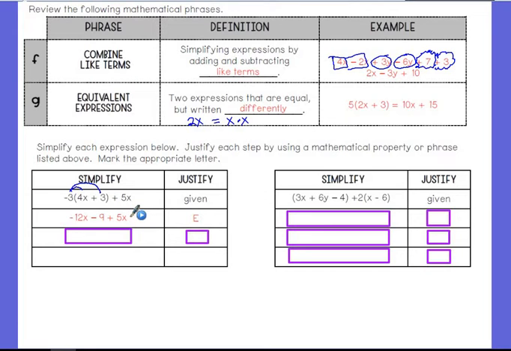I don't have any more distributive properties, so I see if I have like terms, and I see I do have two like terms that I can combine. So I am going to combine those like terms to get a -7x minus 9. And when you combine like terms, above in the chart it says combining like terms is F. So I'm going to label that step F.